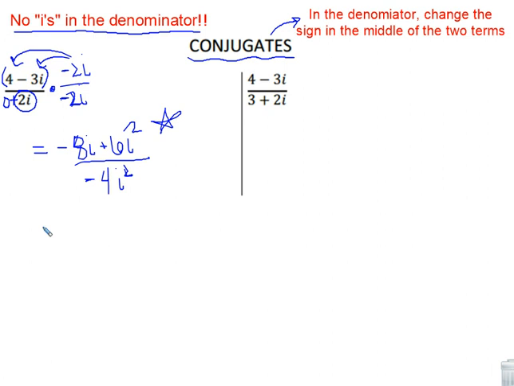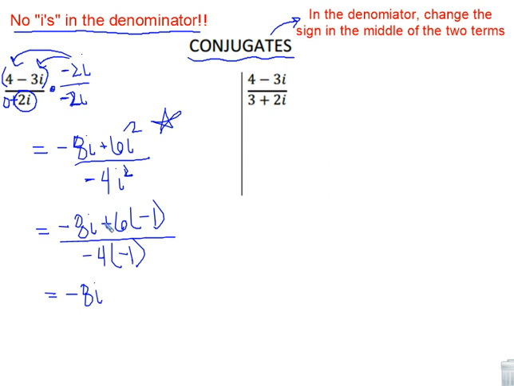Now here's a light bulb hopefully going off. We have i squareds going on, so we can rewrite those. We know we can rewrite i squared as negative 1. Alrighty, not too bad. So we would get 6 times negative 1, which is negative 6, and then negative 4 times negative 1, which is just a positive 4. And notice again here, we have one item in the bottom, so we can probably break apart and simplify the two separate pieces.